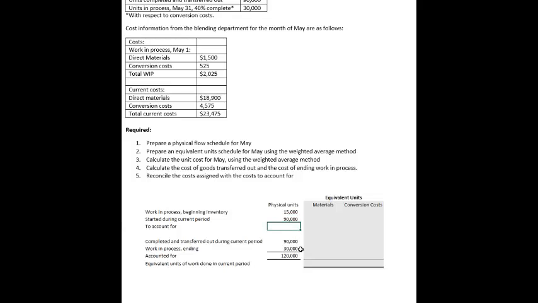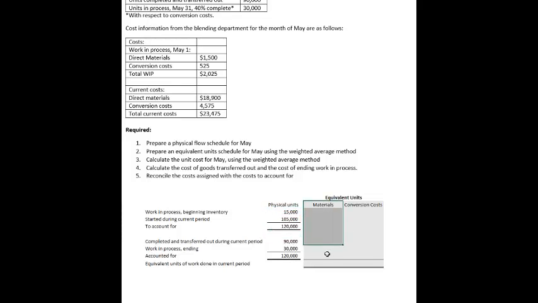But if you did that, you have beginning work in process plus started during the current period, you get 105, and that doesn't match the 120. So we've got to work backwards here. We start with the 120 and say, if we had to account for 120 and we had 15 at the beginning of the month, then we had to have started 105,000 ounces in that month. So we're going to account for 120,000 ounces.